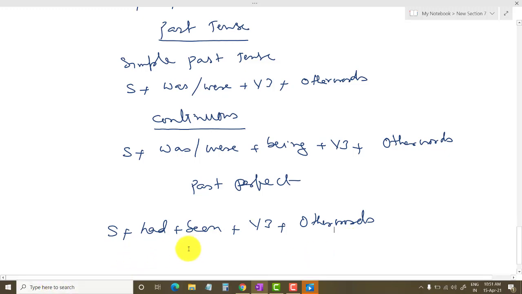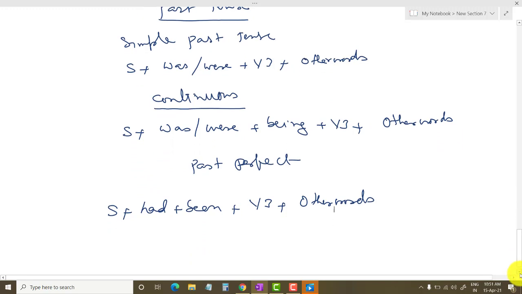Now we will see the tense chart for future. Future tense.